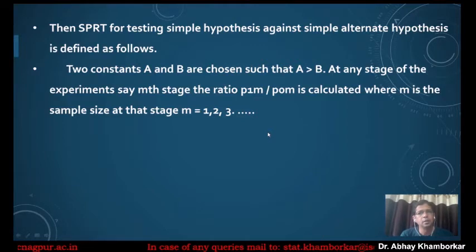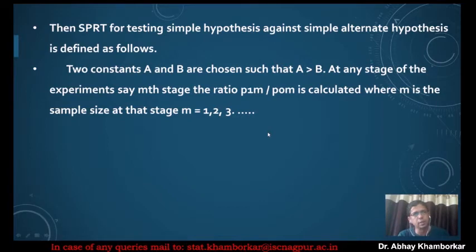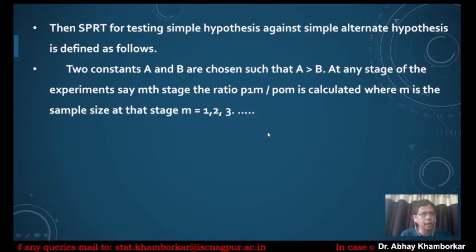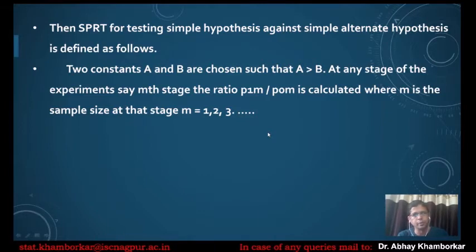Now at the mth stage, that means up to m-1 observations we have taken a third decision, that is continuation of the testing procedure. Now we have reached the mth stage. So at the mth stage the ratio p1m upon p0m is calculated. I have already explained what is meant by p1m and p0m. p1m is the likelihood function when H1 is true, and p0m is the likelihood function when H0 is true.